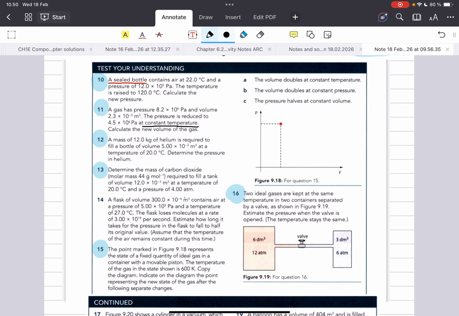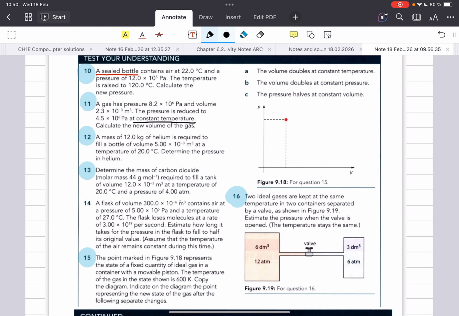Question number 15. It says the point marked in, maybe I'll solve 15 on the actual paper here. The point marked in figure 9.18, so this figure over here, represents the state of a fixed quantity of ideal gas in a container with a movable piston.